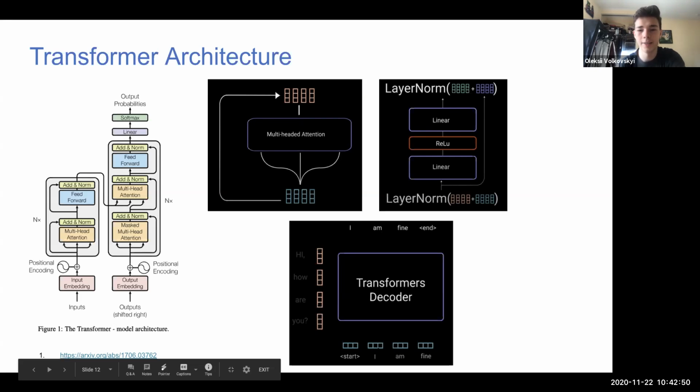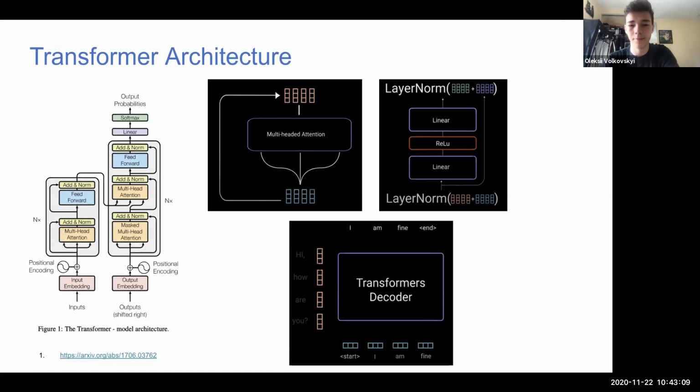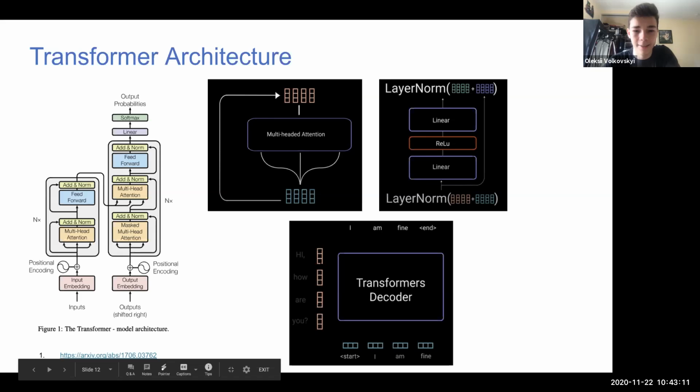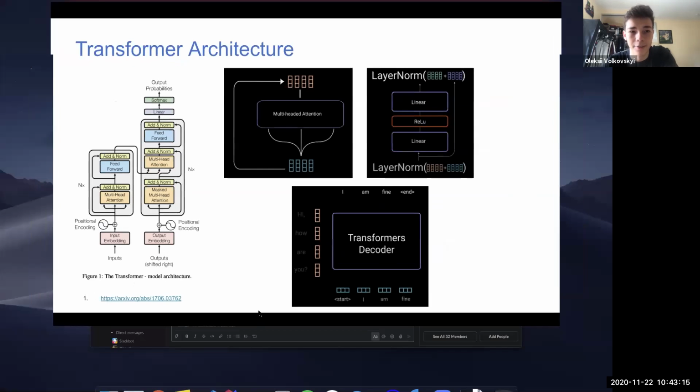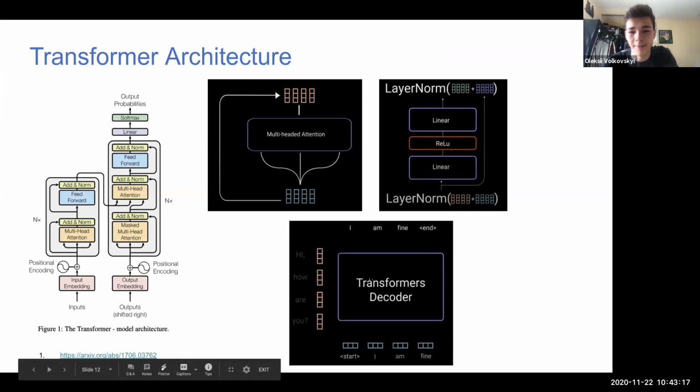You feed in "start I", and the decoder outputs "am"; "start I am", the decoder outputs "fine"; "start I am fine", and the decoder ends the sentence. And that's how you just went through generating one sentence. In this one maybe it's a conversation, where you're asked "hi, how are you", and you say "I am fine".